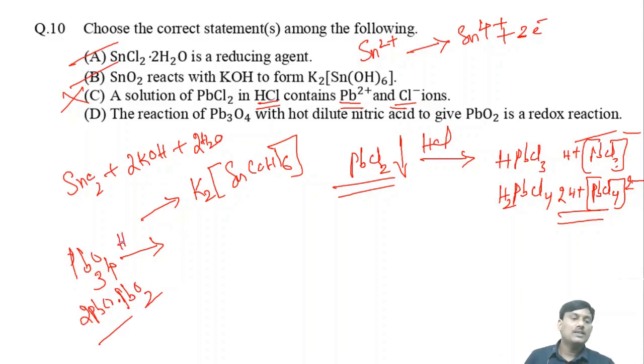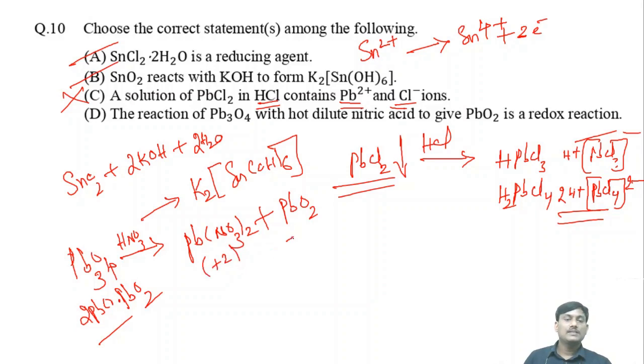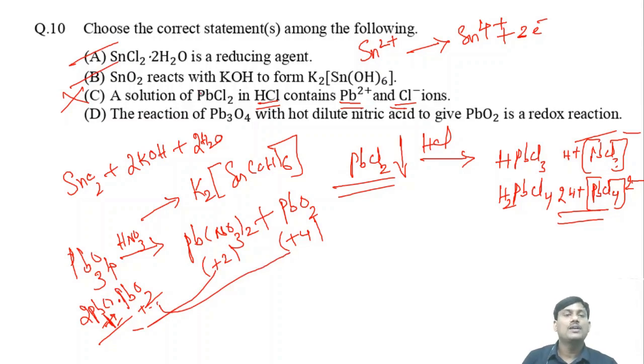When you react with HNO3, there is a formation of lead nitrate, Pb(NO3)2, and PbO2. So in this case, what is the oxidation state? Plus 2. In this case, plus 4. Here there is no change in oxidation state. Plus 2, plus 2, plus 4, plus 4. So it's not a redox reaction. So what are the correct options? A and B are the correct options.